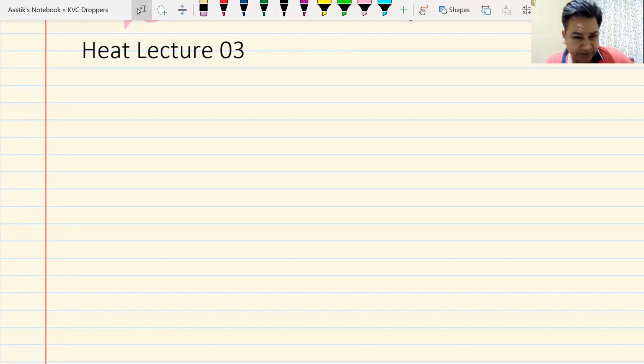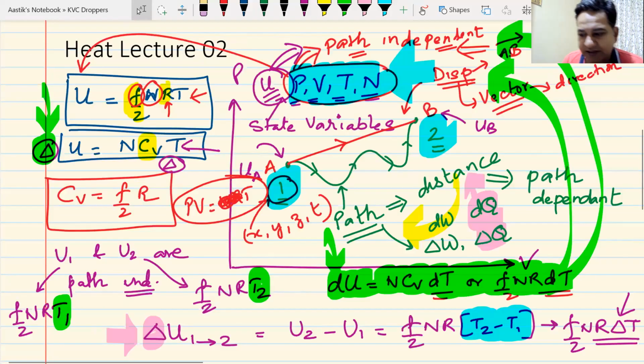Up till now, what we have done is just gone through the basic definitions of things, and we have been wandering here and there. As soon as something comes up, we start discussing it. In the last class, we had discussed a lot about state variables and state functions, and path independence and path dependence, right?